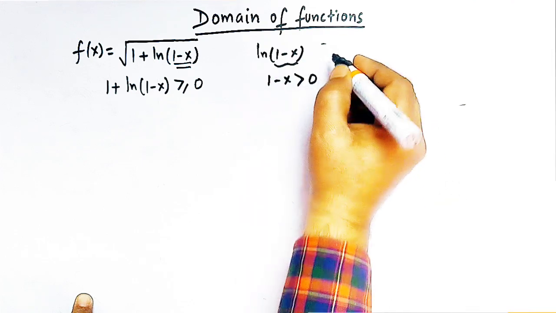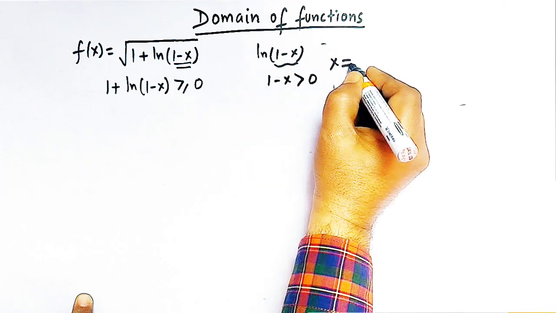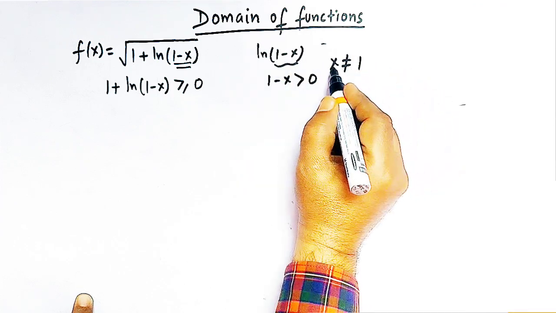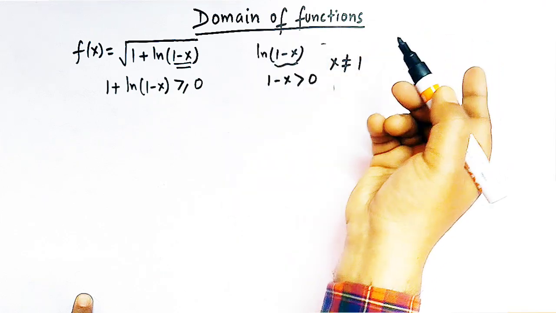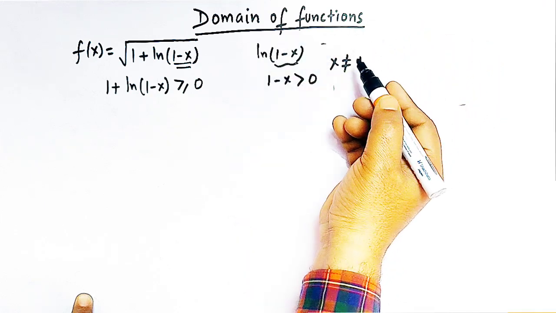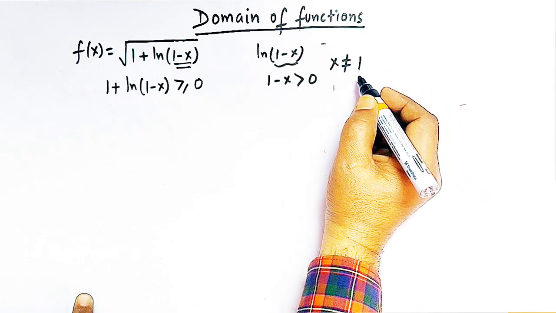It is quite evident that x cannot be equal to 1, because when x tends to 1, natural log of 1 minus x tends to natural log of 0, and natural log of 0 tends to minus infinity.